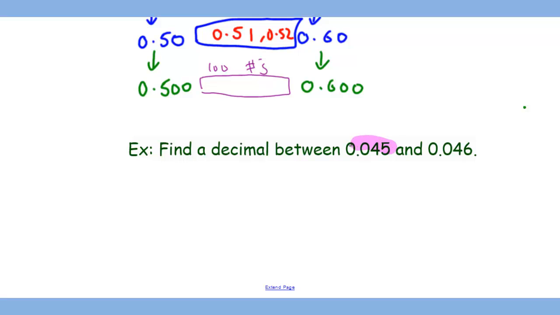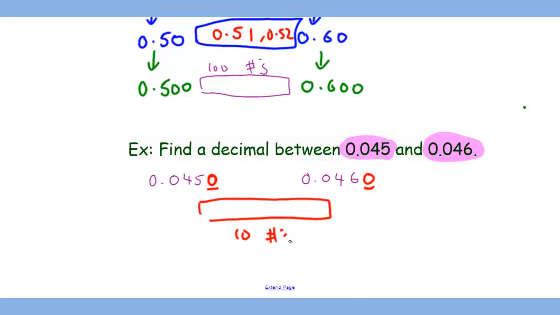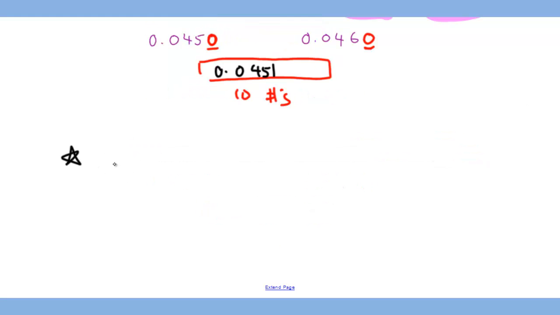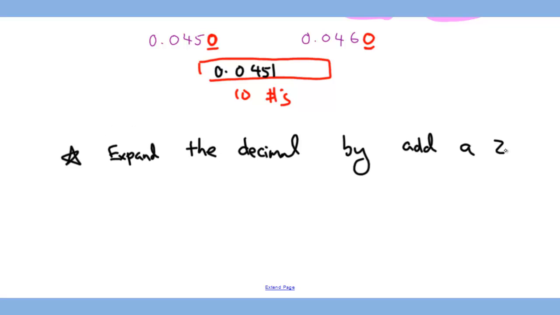To find numbers in between 45/1000 and 46/1000, all you need is to put a 0 at the end of the two numbers, and now you have just created yourself 10 numbers in between them, one of which will be 0.0451, and so on. So to wrap this up, all you need is to expand the decimal by placing a 0 at the end of it. That's it for the lesson.